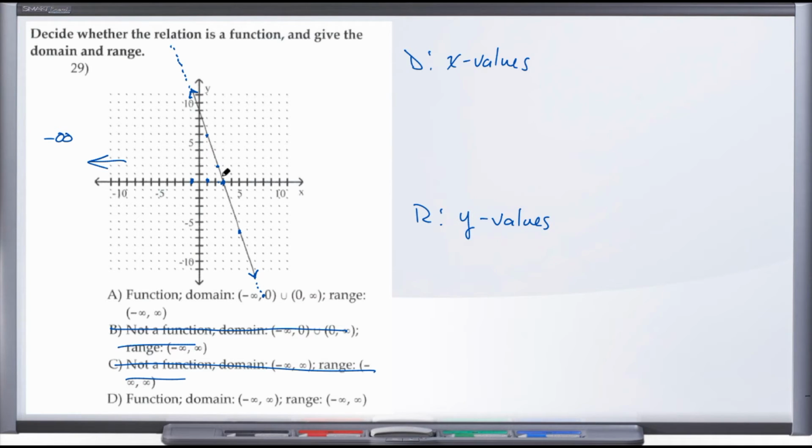So as the line goes further down, the x value is increasing, and it's heading towards positive infinity. So this line is getting further and further to the right, and as it does, the x values are increasing. As the line goes up, the x values are heading towards -infinity because they're getting smaller.